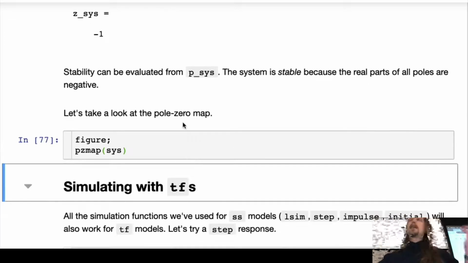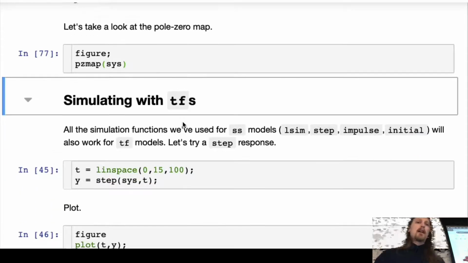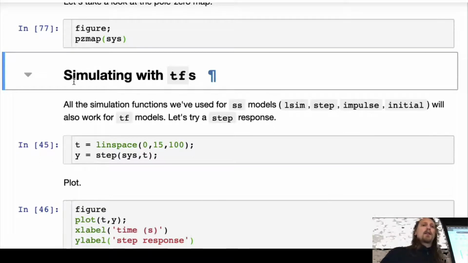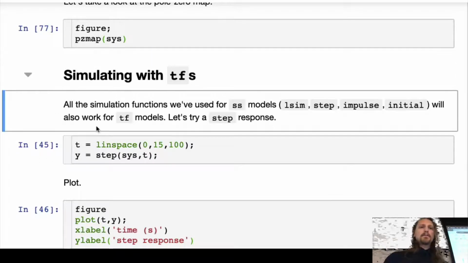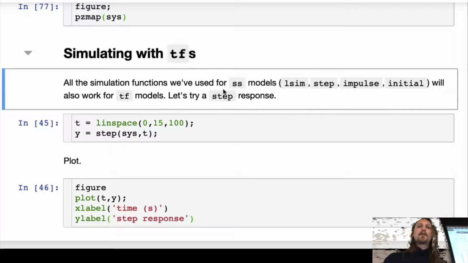Okay, so now that we've got these TF models, let's go ahead and simulate. All the simulation functions we've used for SS models, which include lsim, step, impulse, and initial, will also work for TF models.